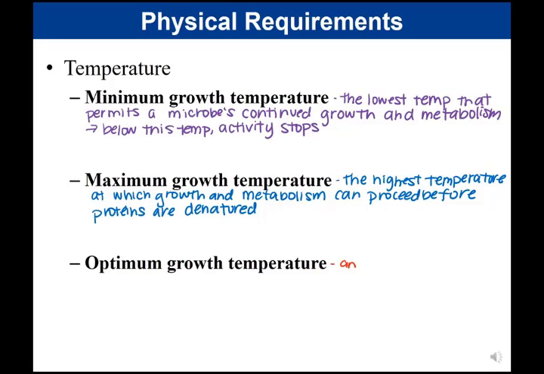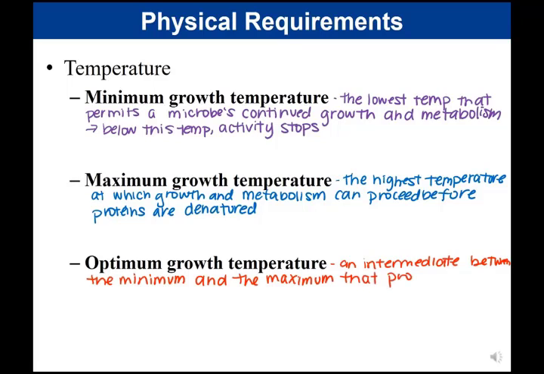This is an intermediate temperature between the minimum and the maximum that promotes the fastest rate of growth and metabolism.